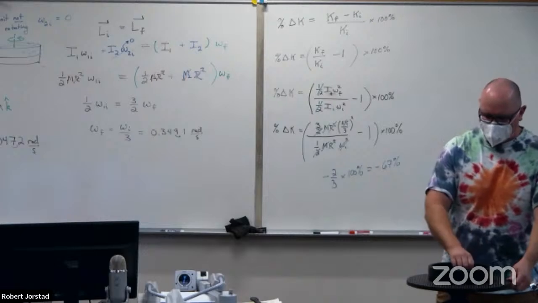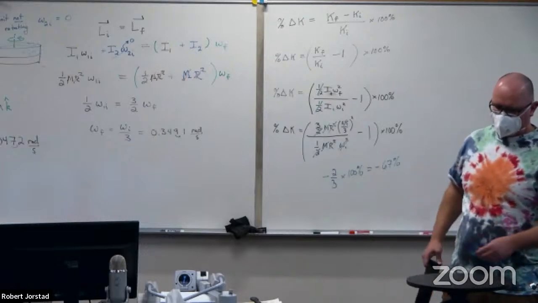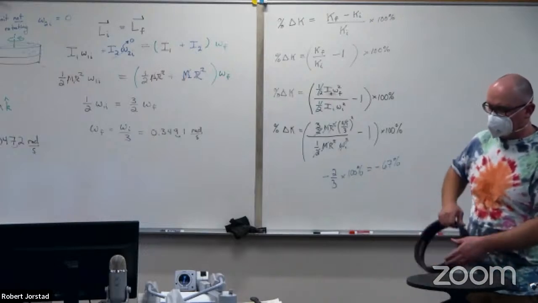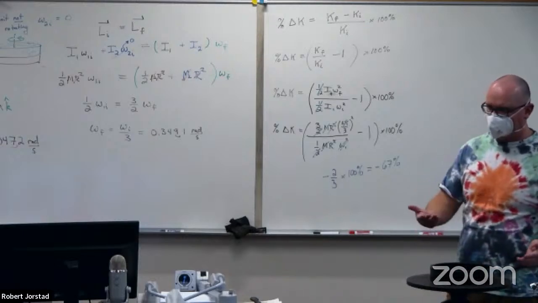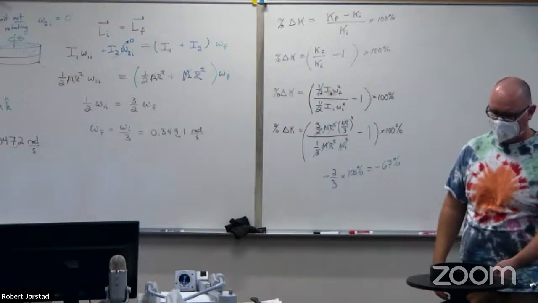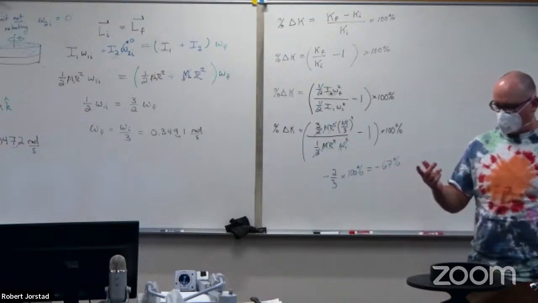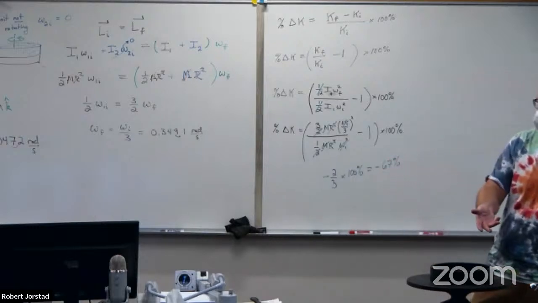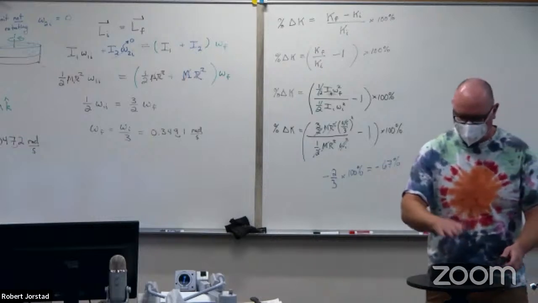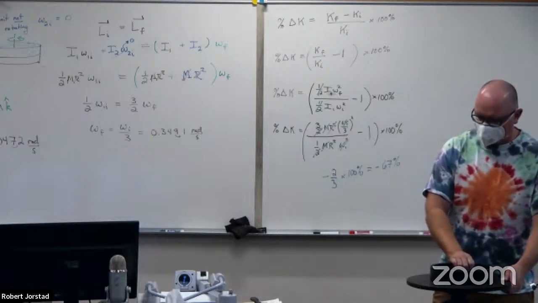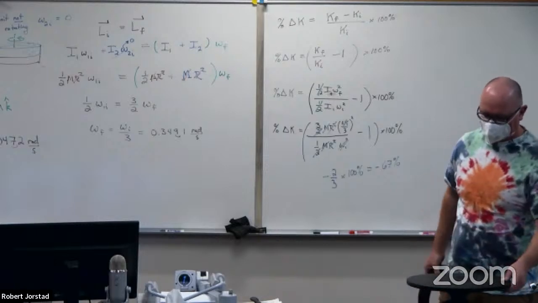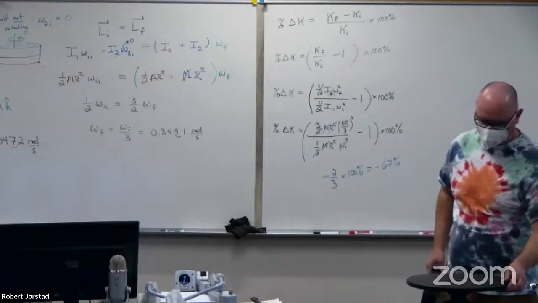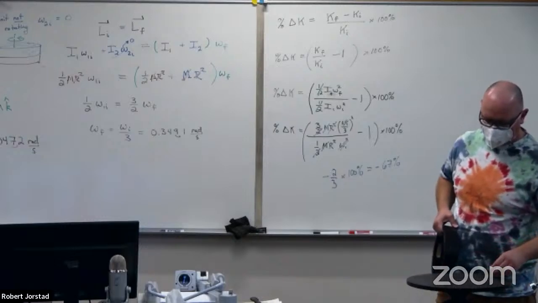Can you think of any devices in the real world that act like this, where you take one object, like a disc that's spinning, and you put another one on it and allow them to match RPM? Maybe a brake. I was thinking a clutch, right? Something in a vehicle, I think about a stick shift, right? And you're stepping on the, gosh, it's been a while since I drove a stick shift.